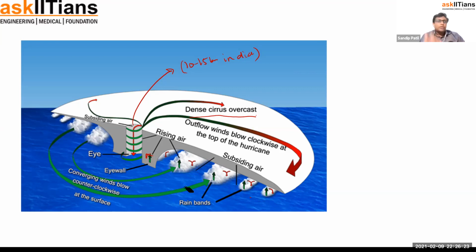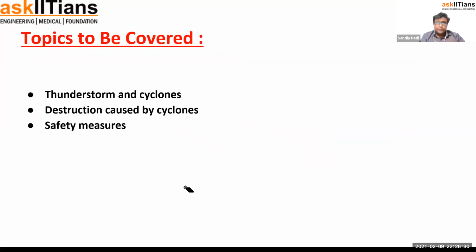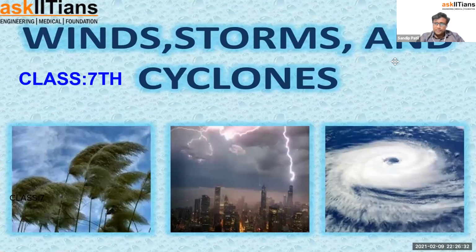They have the power to rotate water also. We have seen the diagram at the start only. So this is the water you can see. This central part you can call the eye. You can see there is nothing much going into the center. But away from that, there are very high speed winds.